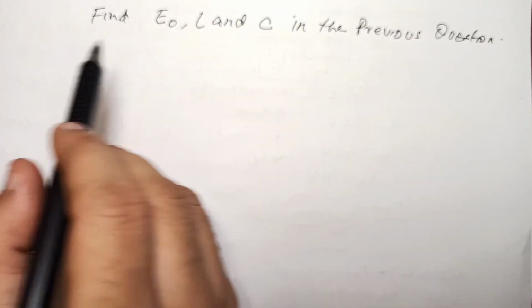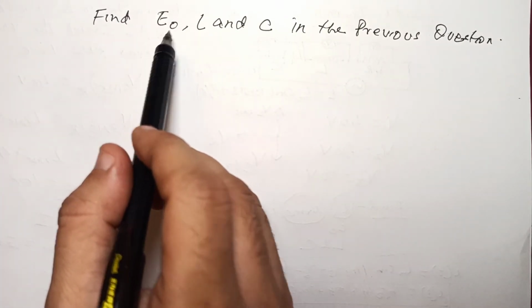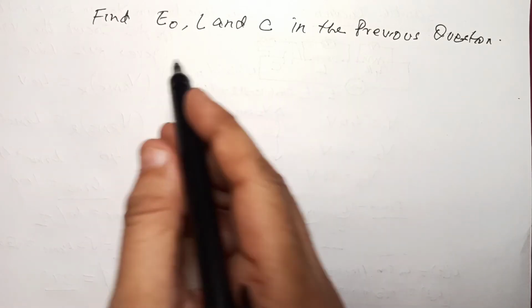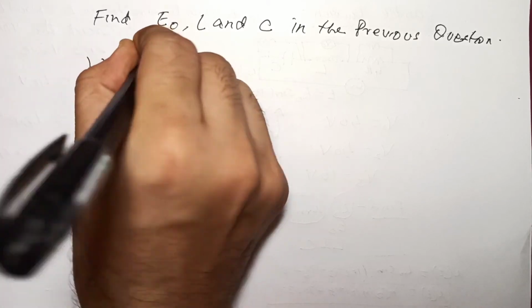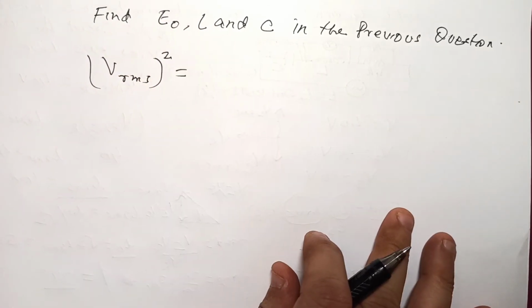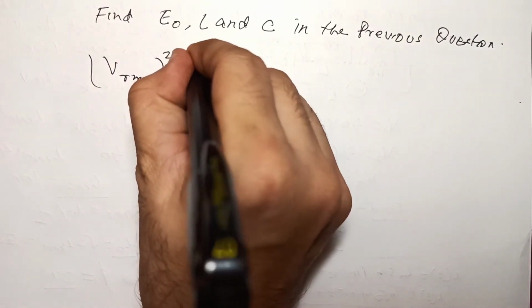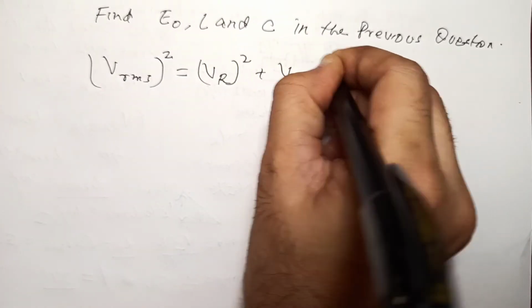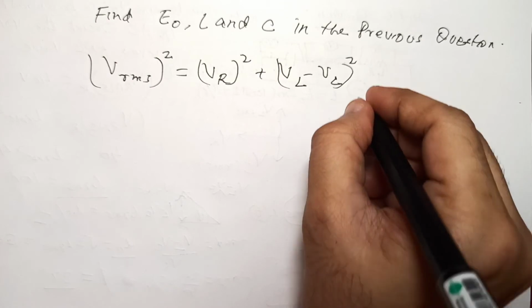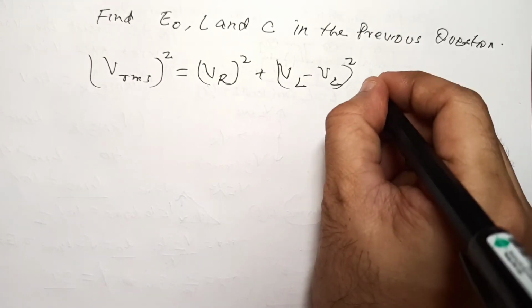Now we are left with E naught, L and C, which we have to find out. I've changed the sheet because there was no space there. We know that VRMS whole square is equal to VR square plus VL minus VC whole square, from the phasor diagram which we have drawn.